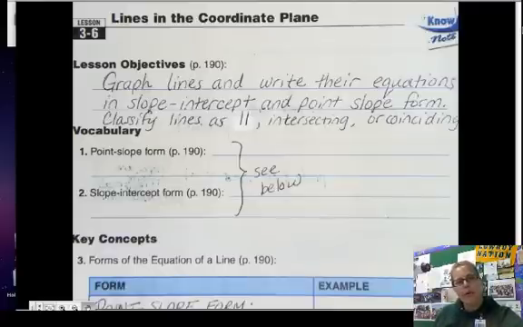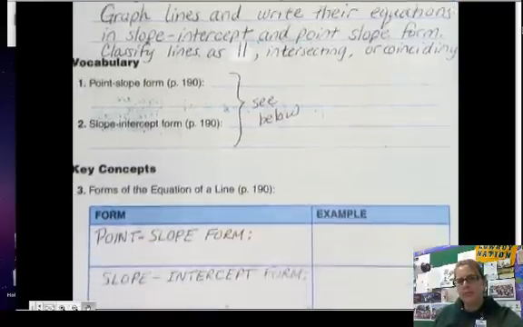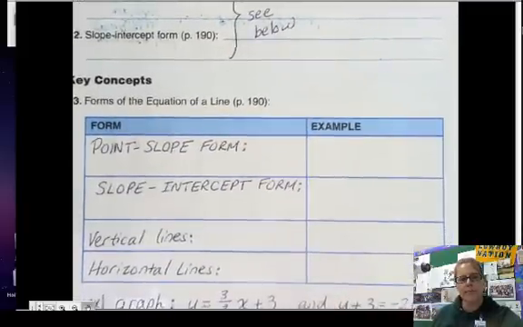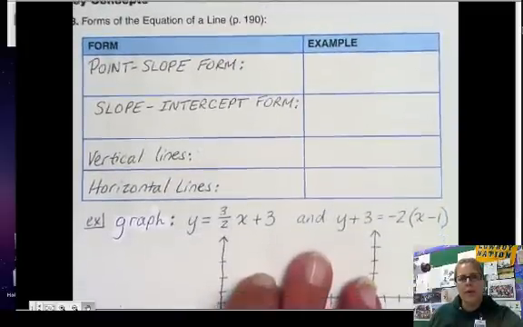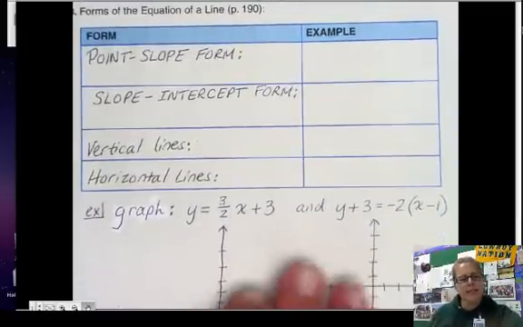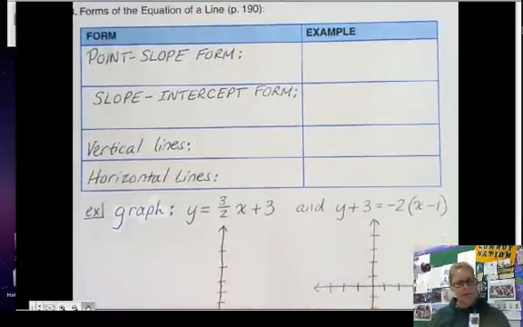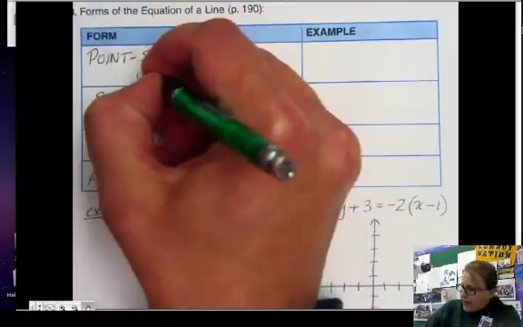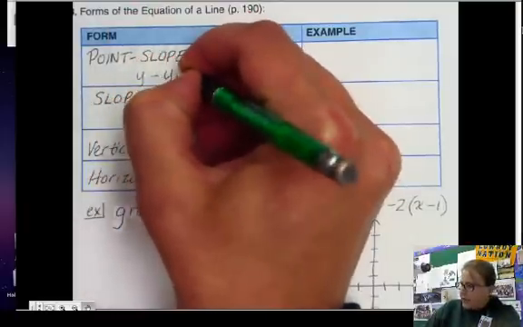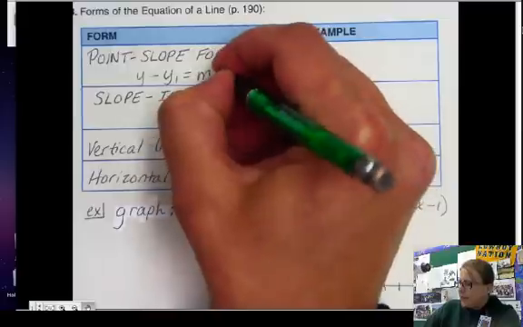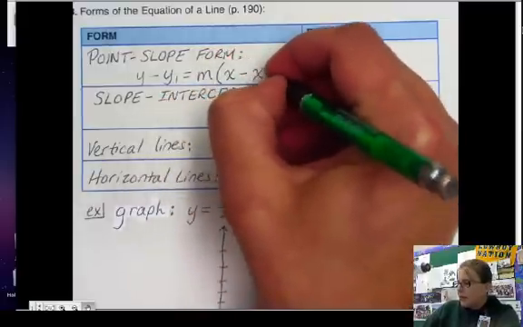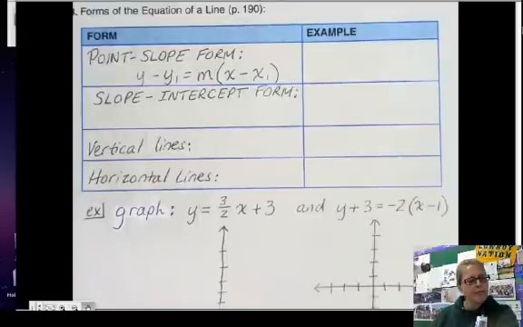So first, for our point slope form and our slope intercept form, we're going to write those down here. So go ahead and move that on down. So our point slope form is this form right here. It is y minus y1 equals m parentheses x minus x1. Okay?